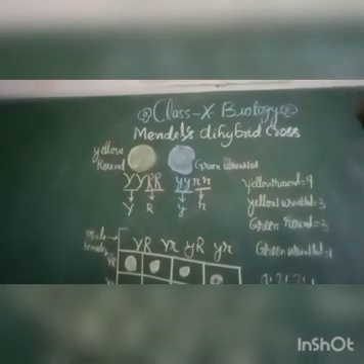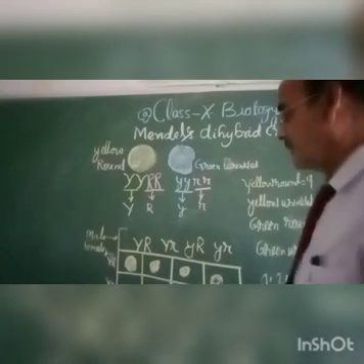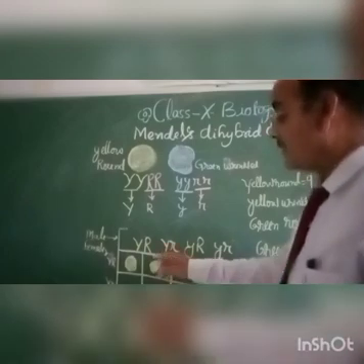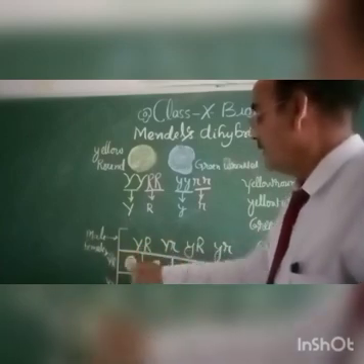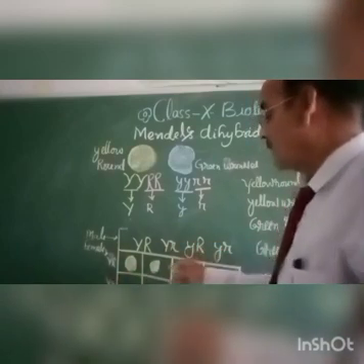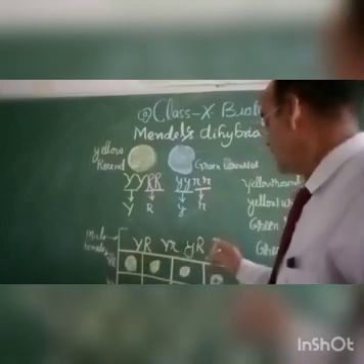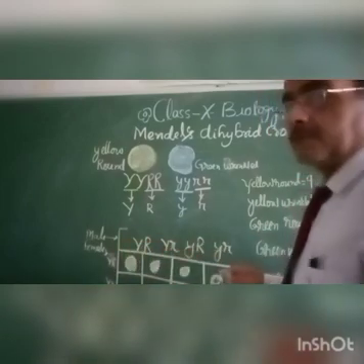My dear student, if you review this experiment of Mendel's dihybrid cross, you will find several things in this video. This YR will multiply with this, and the result will be shown in these squares.